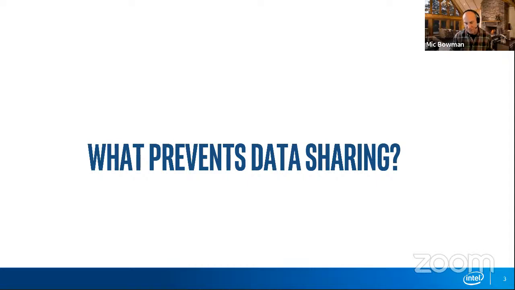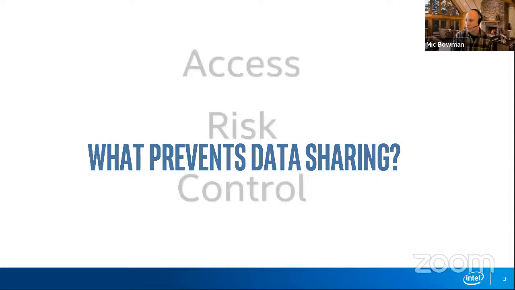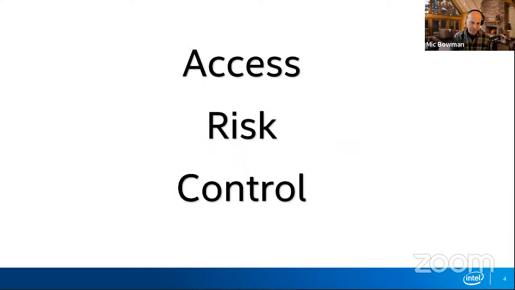So let me step back for a second to the motivation. What is it that prevents data sharing right now? Obviously, there are some issues with access: data is not always available to us. We can't get at it. There is risk associated with it, and that risk is inappropriate use, misuse, or monetization of the data that's inconsistent with the creators' or the owner's responsibility.